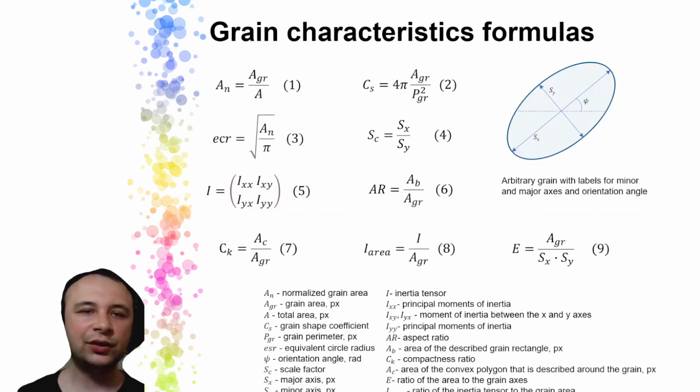In general, we use the next characteristics of the grains: normalized grain area, equivalent circle radius, moment of inertia, shape factor, scale factor, aspect ratio for rectangle areas, and normalized inertia tensor, defined by equations 8 and 9.